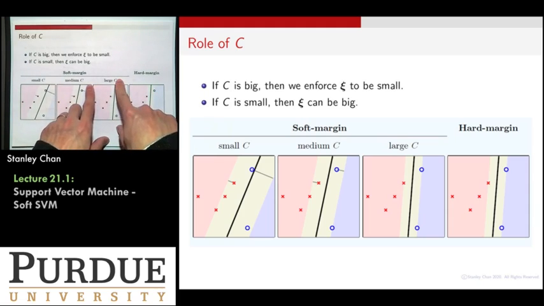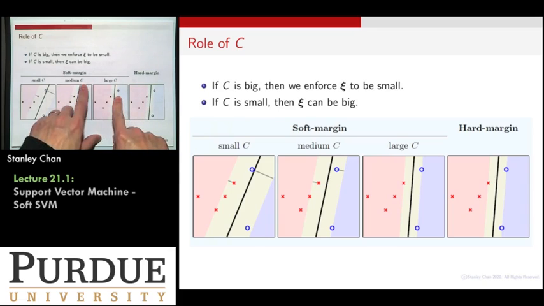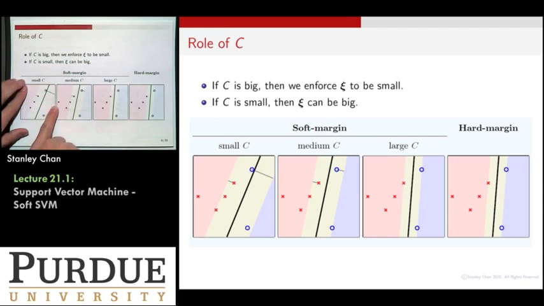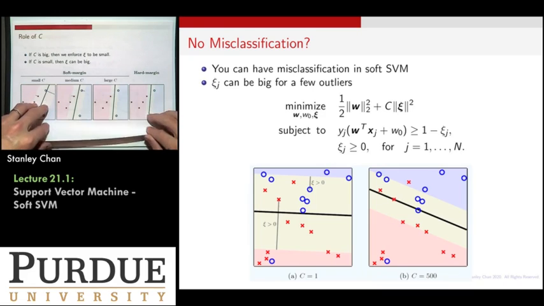If you have a very, very big c, the decision boundary will be pretty much the same as this one. As you reduce the c, the number of data points that can go inside the margin becomes more and more. And as you go all the way to a very, very small c, you will have a lot of samples that live inside the margin, and that will be your decision boundary. So this is the role of the c.